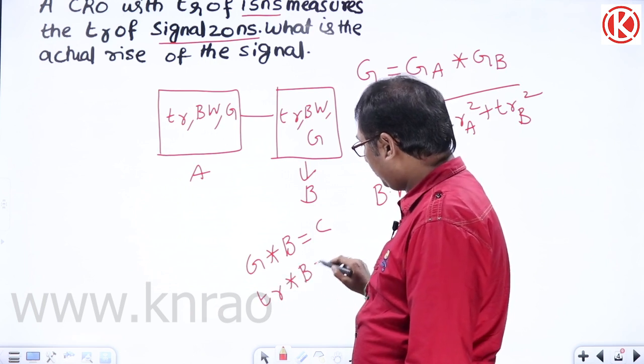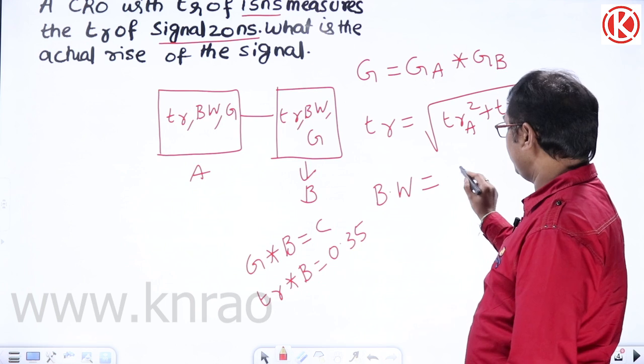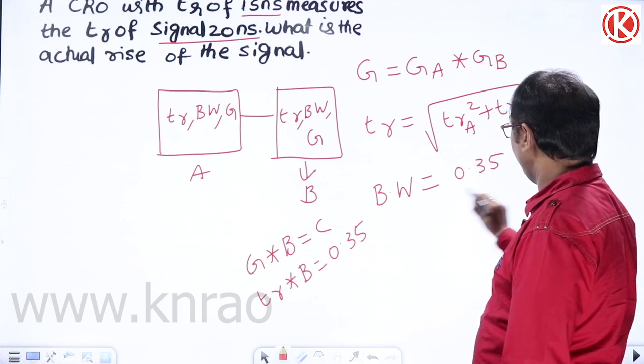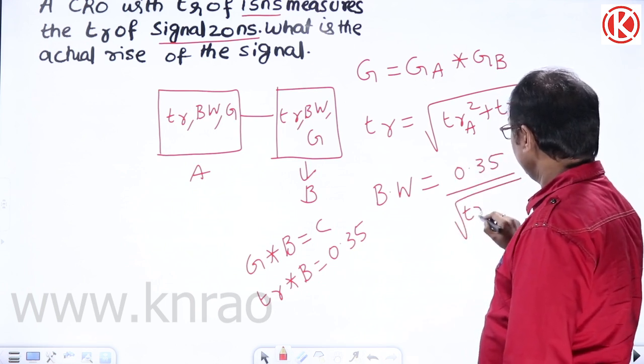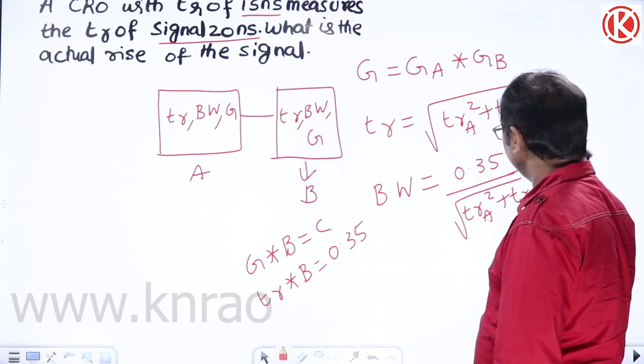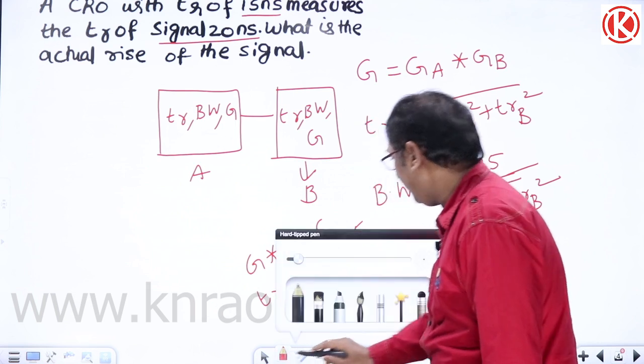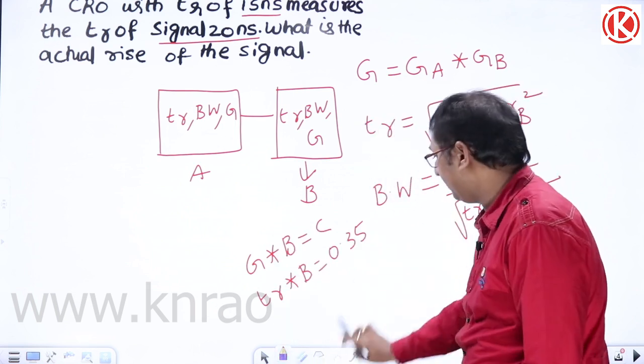Rise time bandwidth product is 0.35. Overall bandwidth we write as 0.35 by root over TRA square plus TRB square. Is it done? Right. So with the help of this, let us try to solve the problem given.